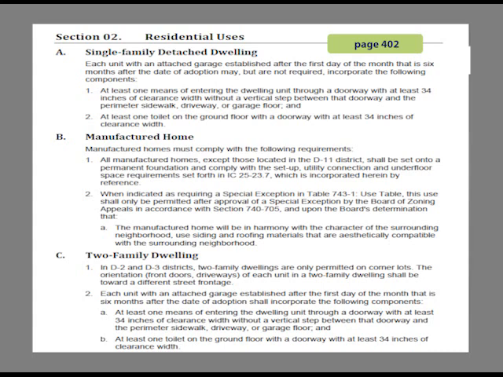This is trying to encourage greater livability in our single-family detached units. You'll see also at the bottom there are some two-family dwelling district use-specific standards. The key one to point out is that in the D2 and D3 districts, two-family dwellings are only permitted on corner lots. That's a continuation of a requirement we have in place now.